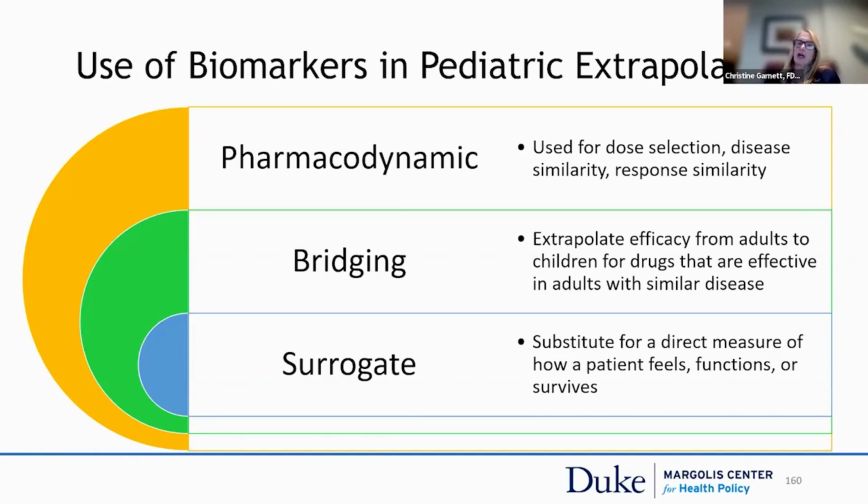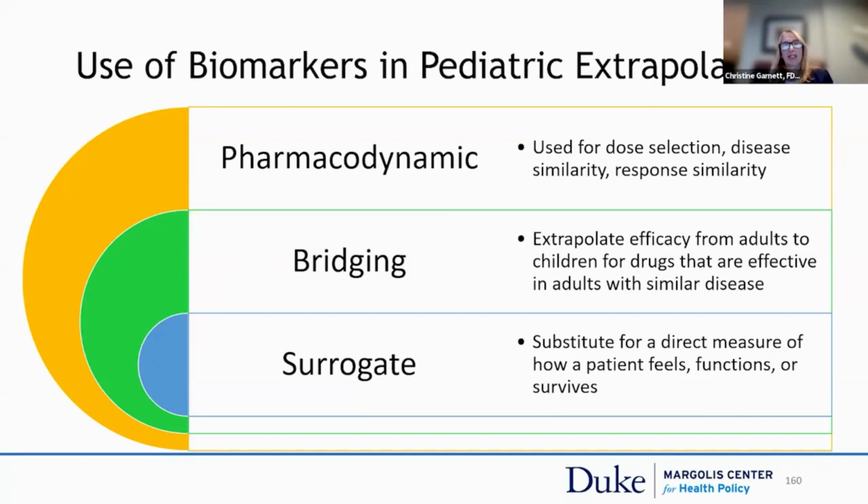And the use of a bridging biomarker in pediatric extrapolation is distinct from other roles of other biomarkers. Its role is to extrapolate the efficacy from adults to children for drugs that have already demonstrated effectiveness in the adult population with the same disease.